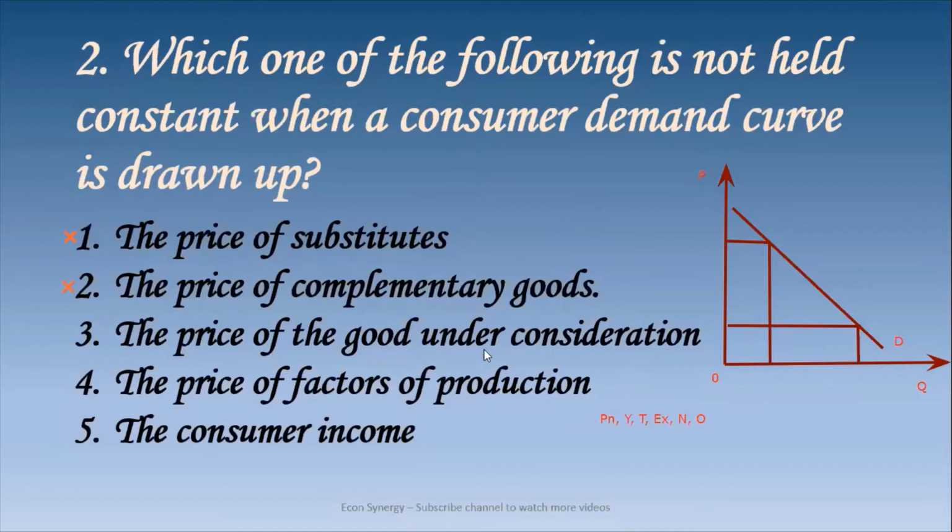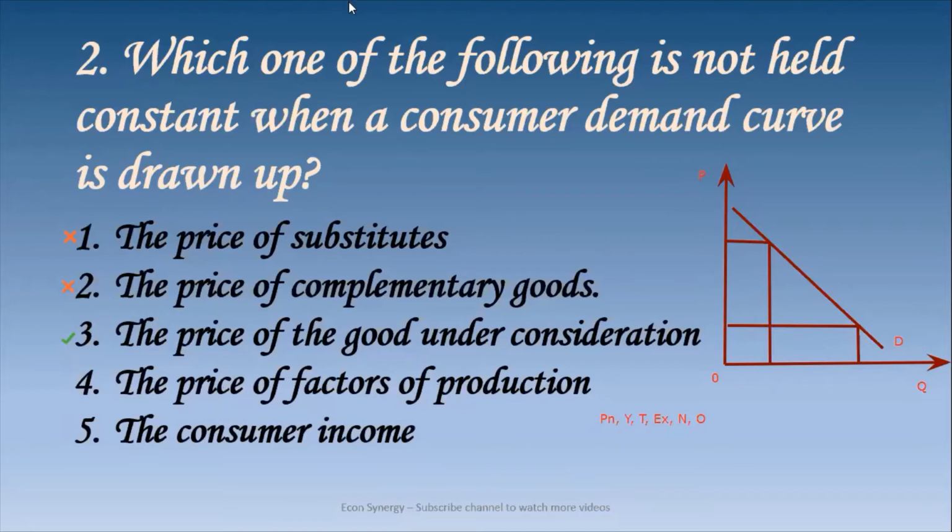The price of the good under consideration, see, the price of the good under consideration is not held constant, it is changing. Therefore, this one is the correct answer. Next one, the price of factors of production. That is a determinant of supply, not a determinant of demand.